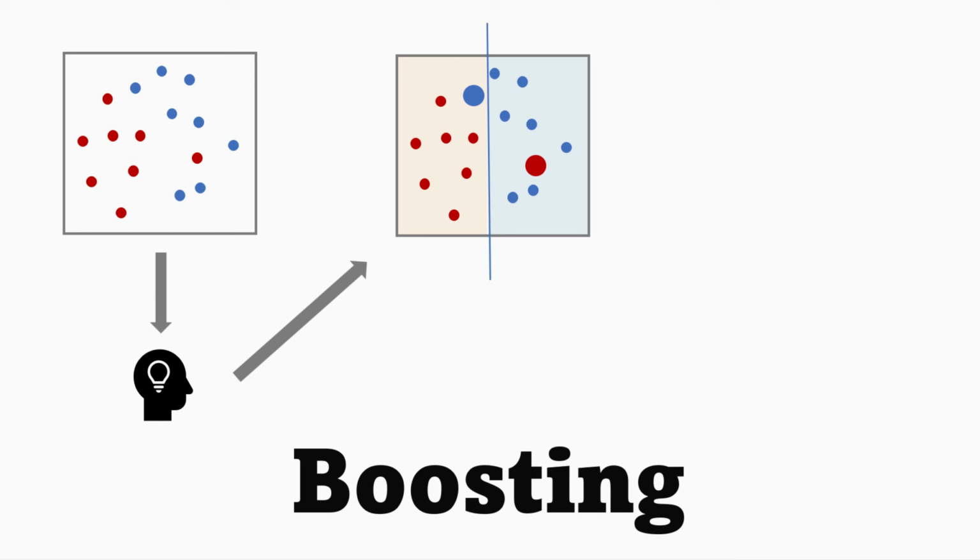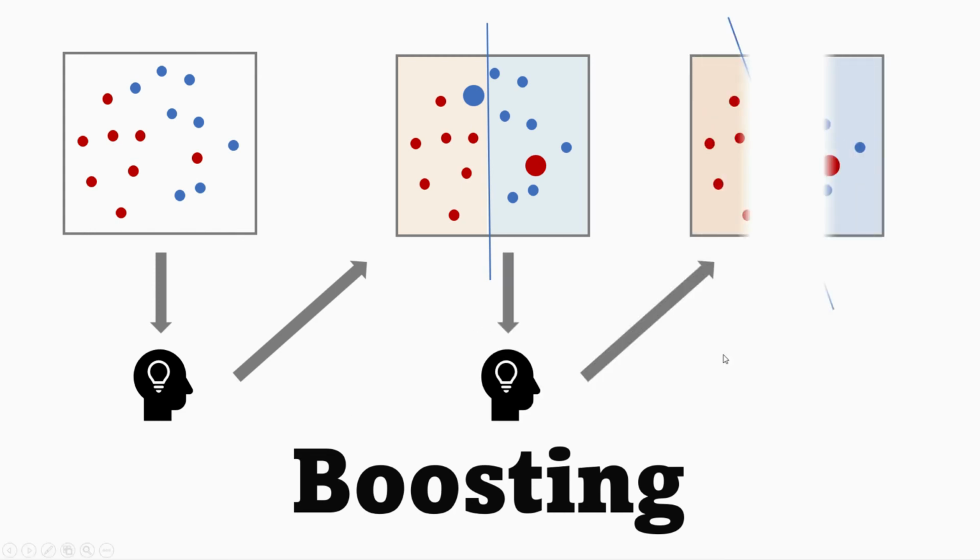In the boosting ensemble method, we now use this model, which technically gave us 2 errors. It wrongly predicted 2 items: the red one is in the blue section and the blue one is in the red section. So we will use this particular model with 2 errors, and then run an iterative machine learning model on top of it. Hopefully the resulting decision boundary will result in less error. And we keep doing it as long as we think we can achieve better results.